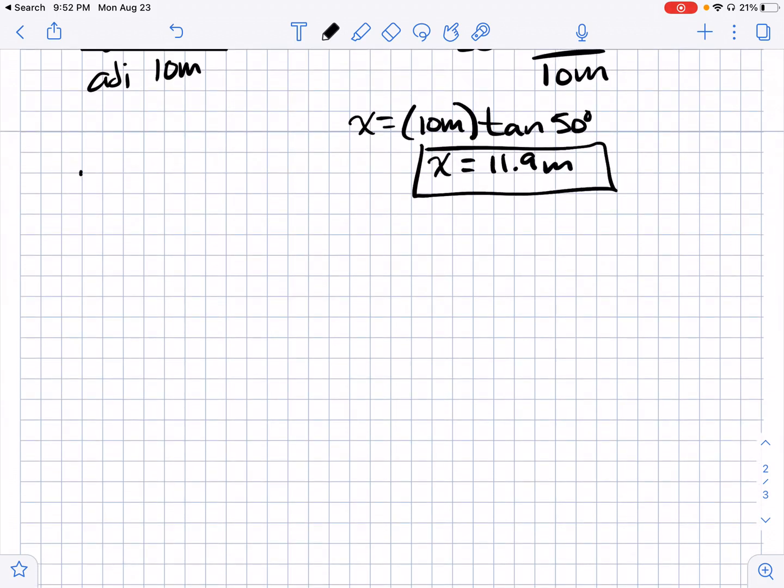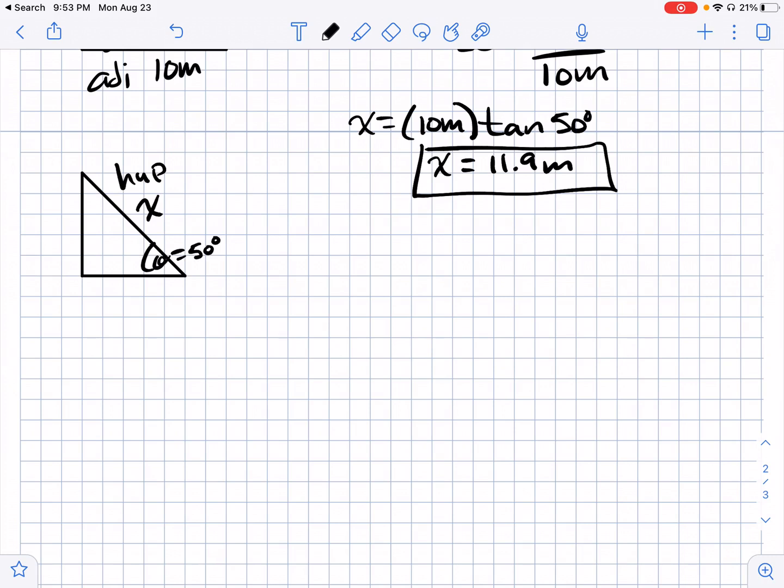Let's draw another triangle. So for this one, let's say that my hypotenuse is x. So here's the hypotenuse. Let's say here's my angle theta, and it's equal to 50 degrees again.